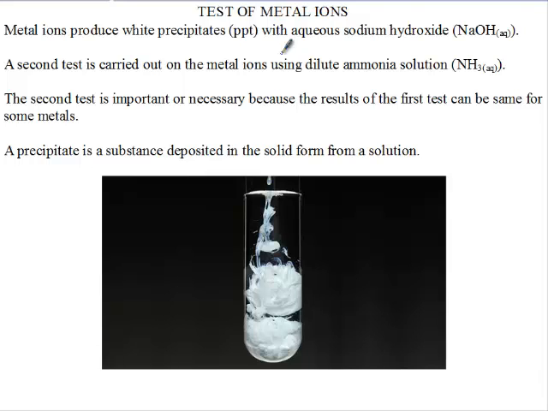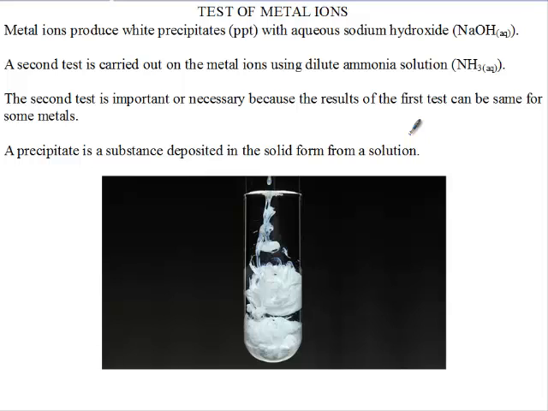Now, you need to carry out a second test using dilute ammonia solution. The first test is going to produce a certain result, but you are going to need to carry out a different test, a second test using dilute ammonia solution. Now, why is the second test important?